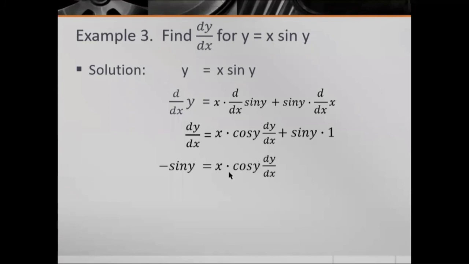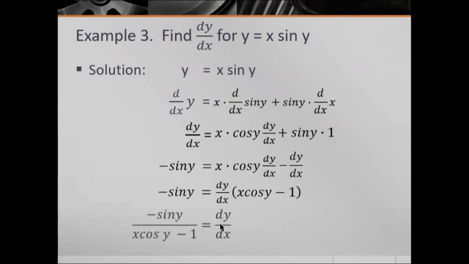So, bring down x times cosine y dy over dx, then minus dy over dx. Then, common factor yung dy over dx. Bring down lang natin yung negative sin y. Common factor, dy over dx. So, factor out natin yan. Then, matitira sa quantity yung x times cosine y minus 1.